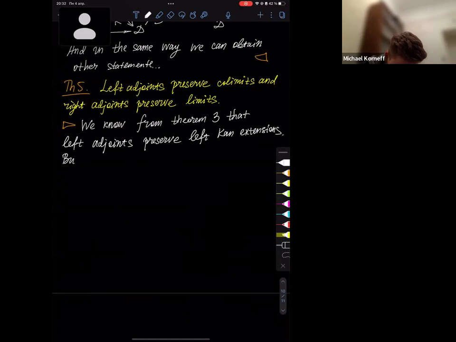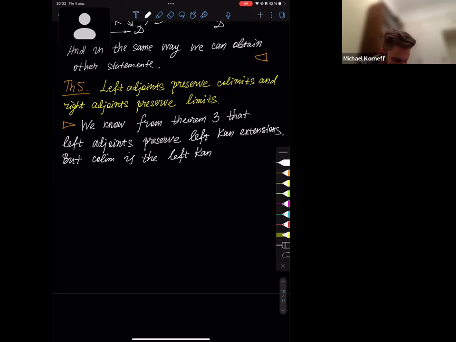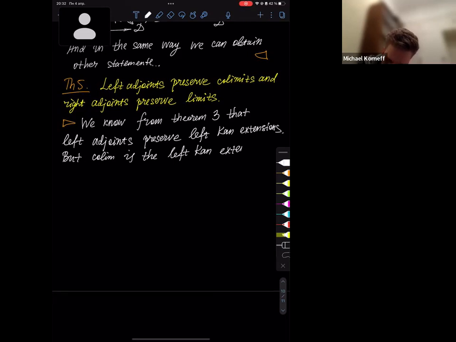But a colimit is, of course, as we saw, the left Kan extension of functor F, just a left Kan extension.